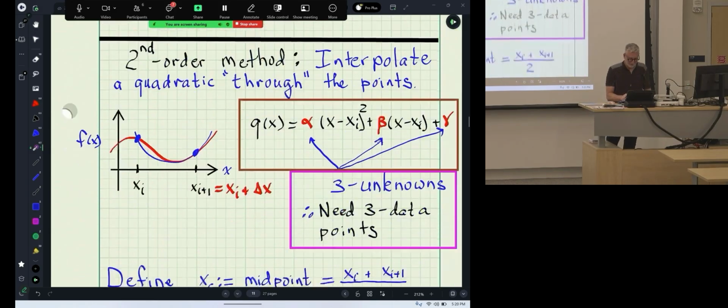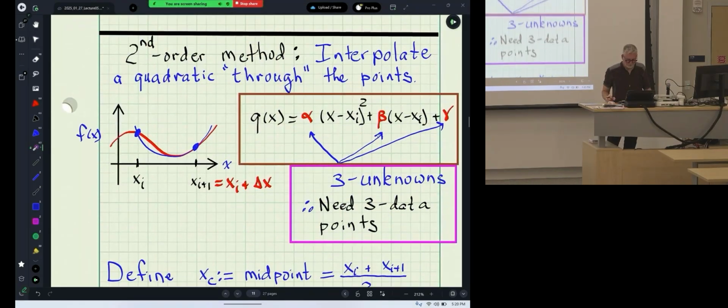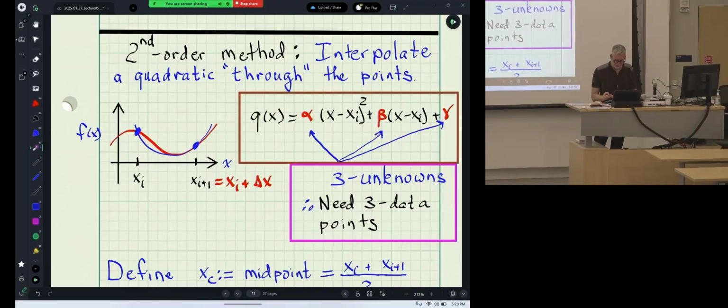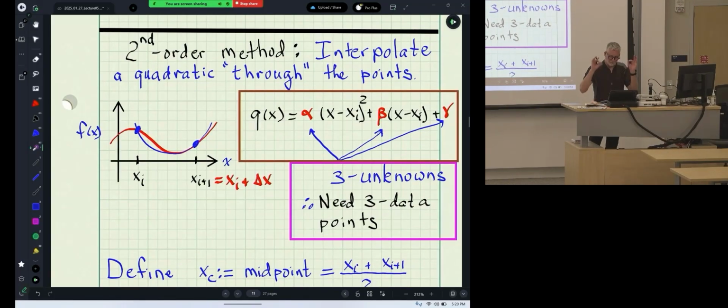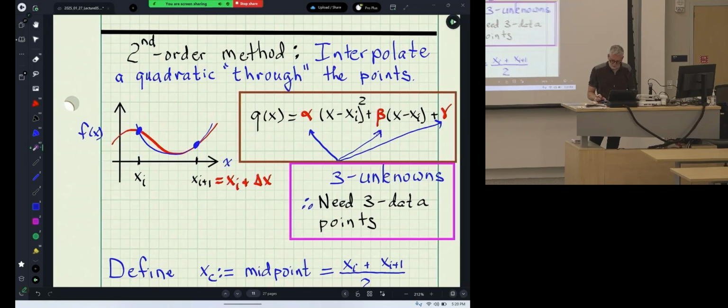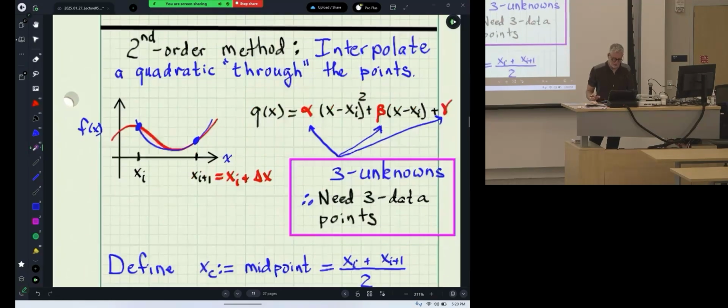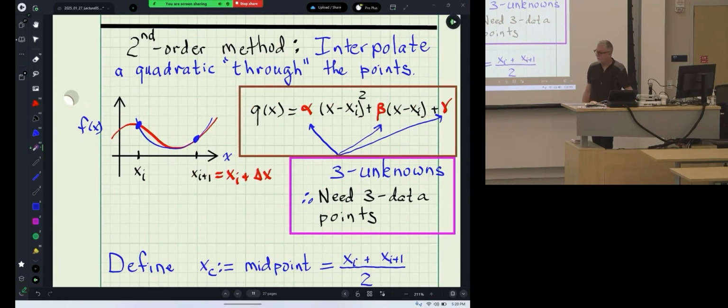Okay, so let's take a break. And then when we come back, I'm going to set you up for knowing how to derive on your own, or understand what's under the hood for all of these different numerical methods, which are how I as an engineer and you as engineers will be computing integrals.